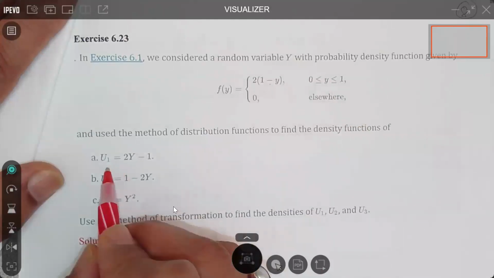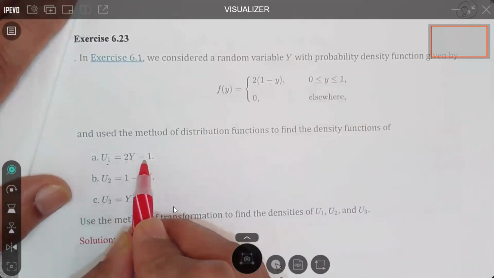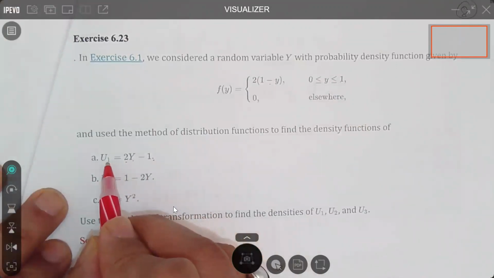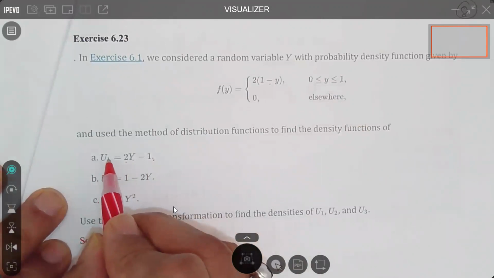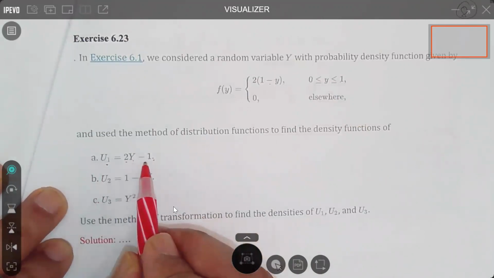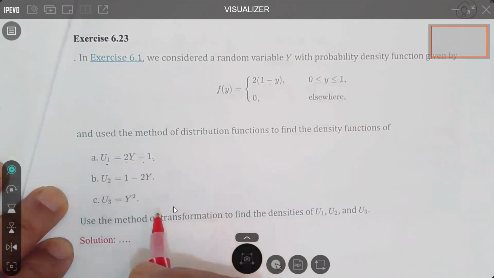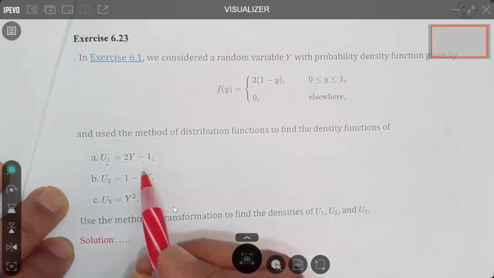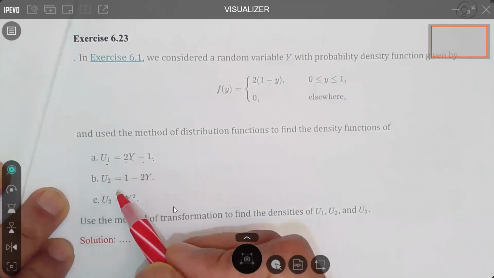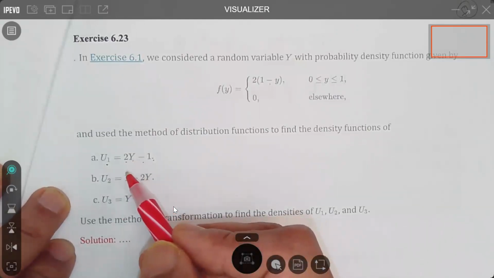Now you want the transformation U equals 2Y minus 1, and you want to find the density function for this transformed variable U. Is this transformation increasing or decreasing? It is increasing, since the derivative is positive, so you can apply the transformation technique.